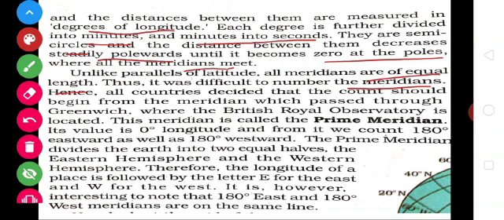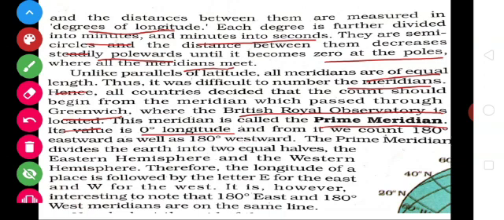Hence all countries decided that the count should begin from the meridian which passed through Greenwich, where the British Royal Observatory is located. This meridian is called the prime meridian, and its value is 0 degree longitude.